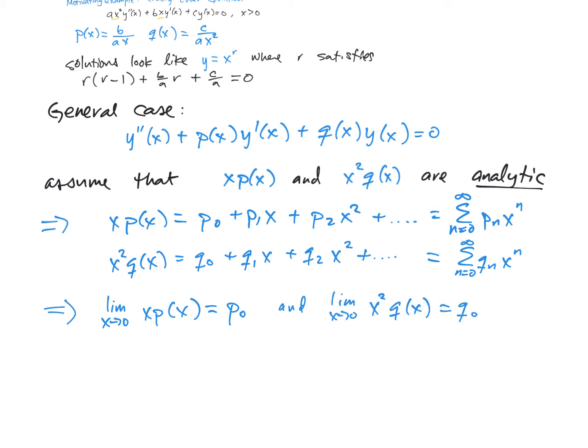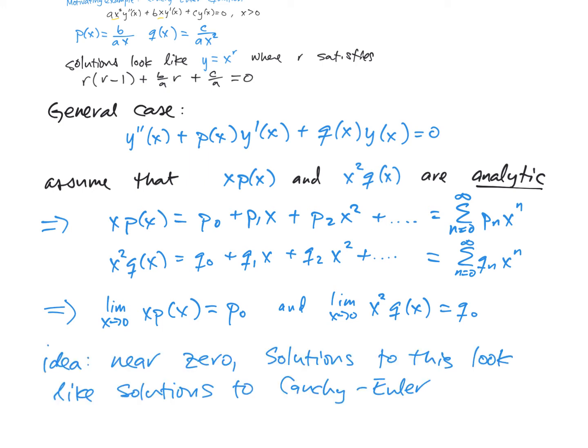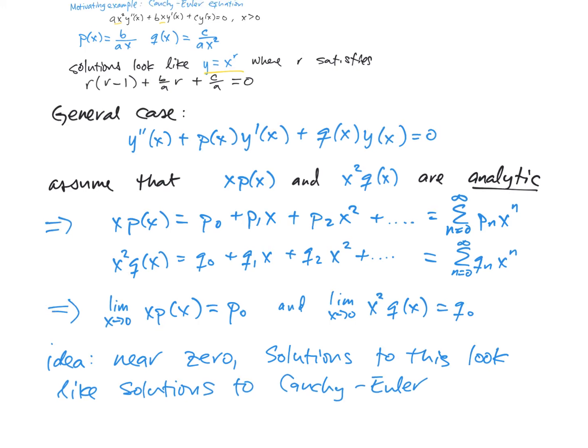So that means that xp(x) is an analytic function, but near 0, it's really very similar to a constant, and same with x squared q(x). So then the idea is that near 0, this equation is going to behave like the Cauchy-Euler equation. And what are the solutions to the Cauchy-Euler equation? Well, they're y equals x to the r.